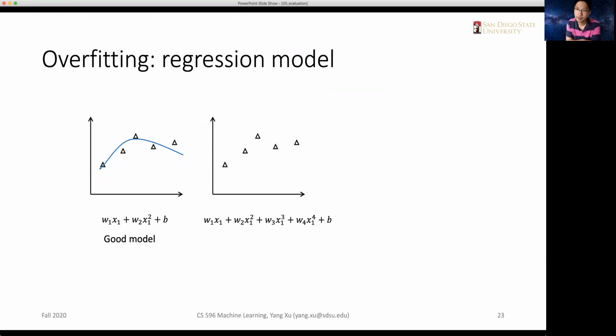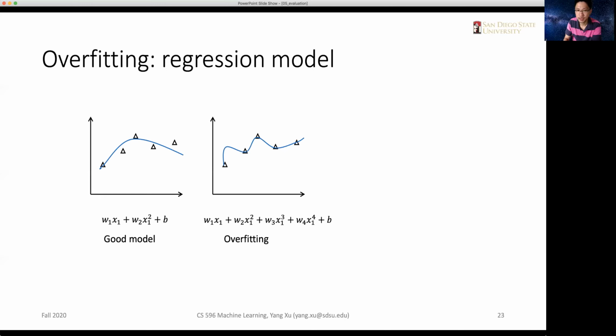But what if we include higher order terms? We include a cubed term and x raised to power 4, then it may fit the data well. We may make the curve go through each data point exactly so that the loss is minimized. But that is the overfitting problem we have, right?